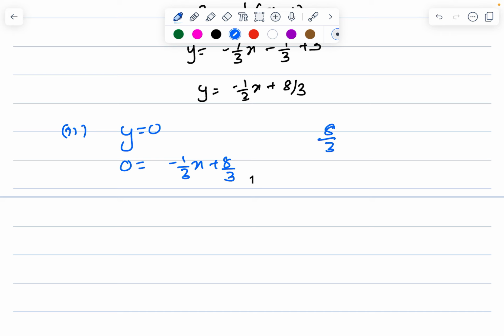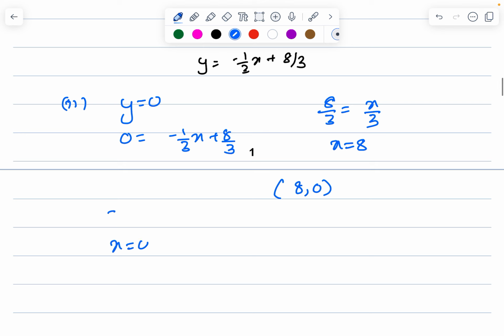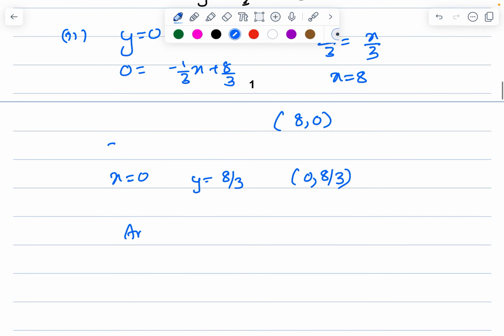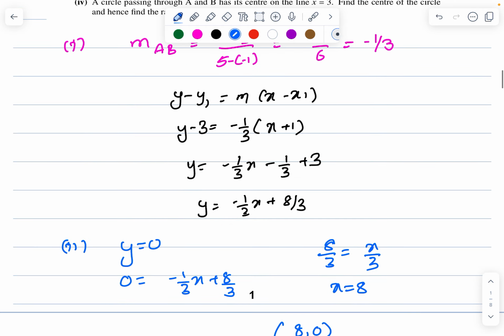So 8 upon 3 equals x upon 3, x equals 8. So the point is going to be 8 comma 0. Now when x equals 0, y is going to be 8 upon 3, so 0 comma 8 upon 3. So area is going to be half times base times height, which is half times base 8 and height 8 upon 3, which is going to be 32 upon 3.